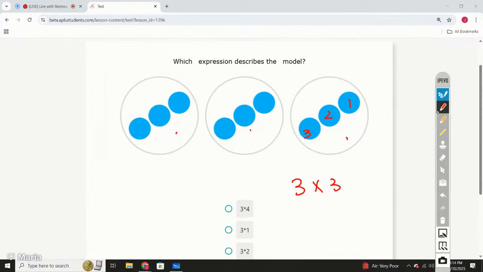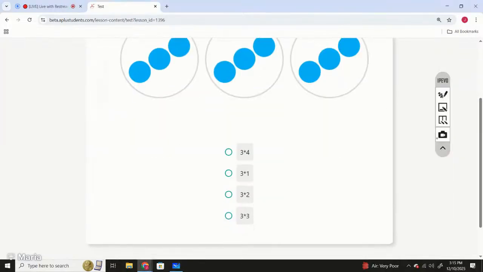So that is 3 times 3. The correct option is 3 times 3. Option number 4 is the correct option.